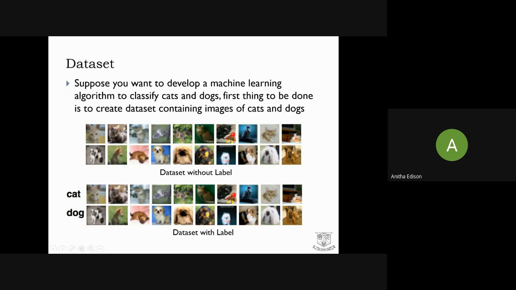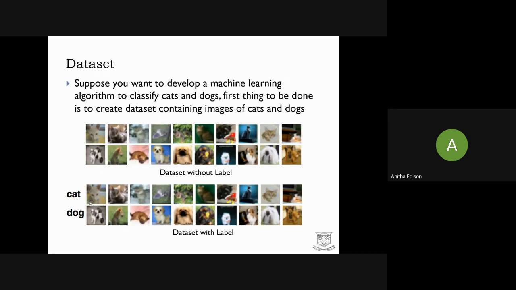So this is an example of a data set: these are cats and these are dogs. And this is an example of a data set with labels. Label means I'm saying that this is the image of a cat, this is the image of a dog. So with each image there is additional information that this is the image of a cat or this is the image of a dog. So we can form a data set first.